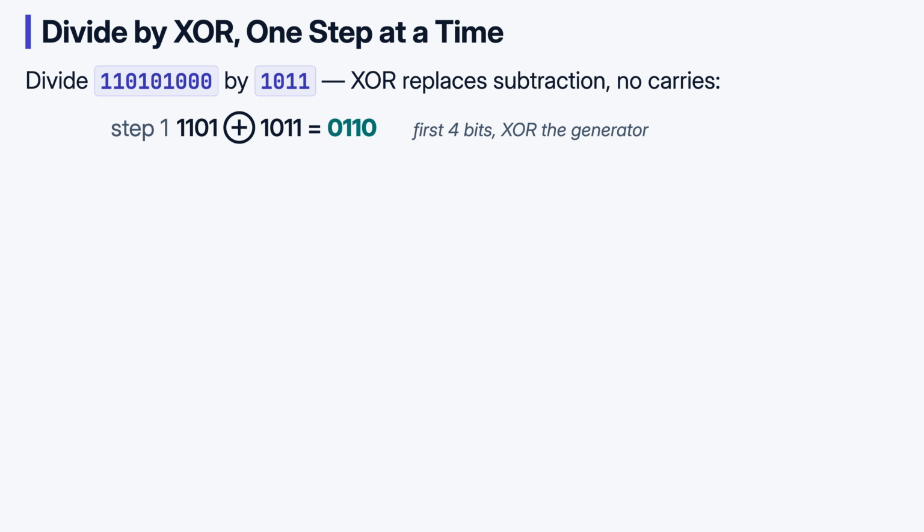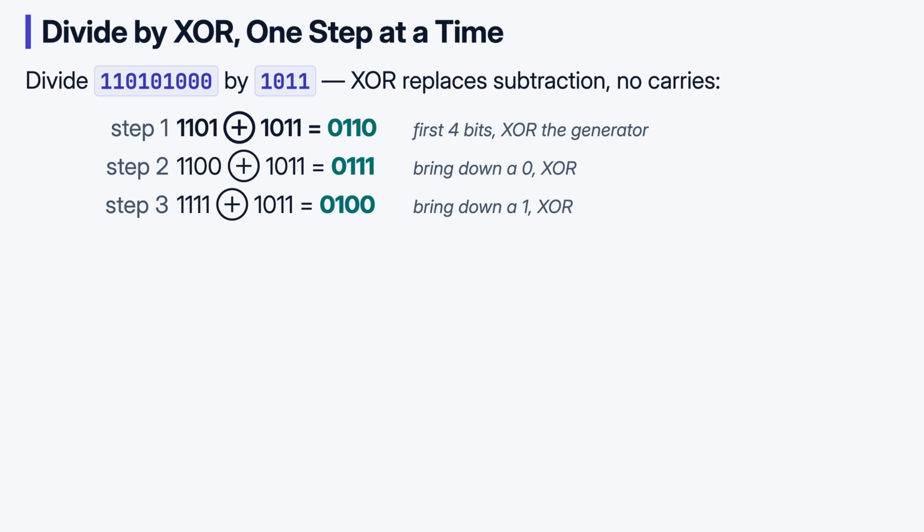Now divide by XOR, one step at a time, like long division without carries. Take the first 4 bits, 1101, and XOR the generator 1011. That gives 0110. Bring down the next bit and XOR again. 1100 XOR 1011 is 0111.